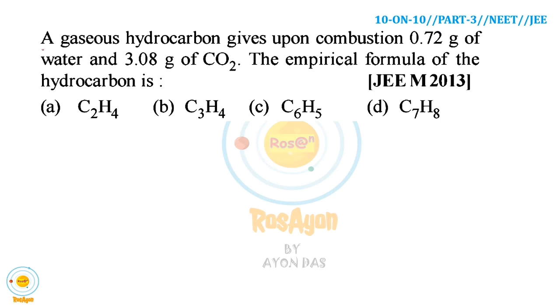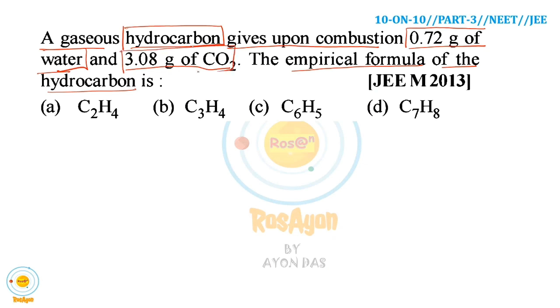In this problem, a gaseous hydrocarbon gives upon combustion 0.72 gram water and 3.08 gram CO2. Now you have to determine the empirical formula of the hydrocarbon. That means during combustion this hydrocarbon produced 0.72 gram water and 3.08 gram CO2.